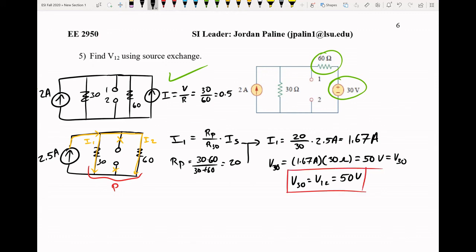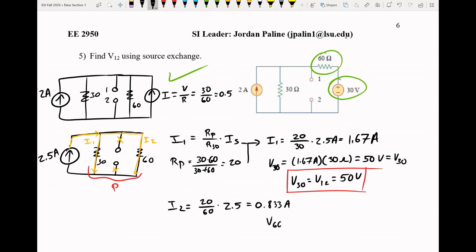And as a quick check, if we wanted to check I2, same process, 20 over 60 times 2.5, that would give us 0.833 amps.